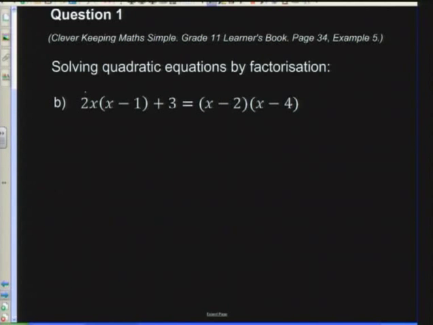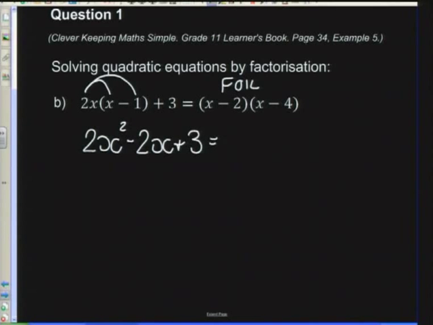All right, first things first, we are going to distribute into my bracket to get rid of my bracket on this side. And I'm going to have to FOIL my 2 binomials on that side of my equal sign. All right, so therefore, we are going to get 2x squared minus 2x plus 3 is equal to, now when we FOIL out our brackets, I'm going to get x squared.